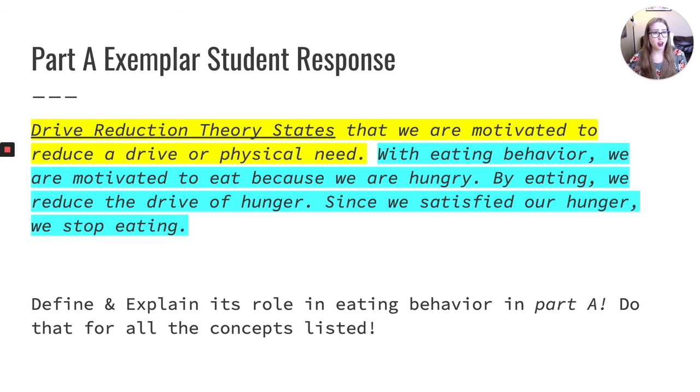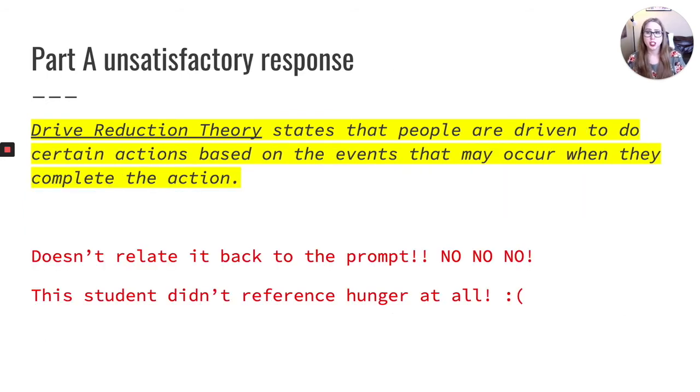So again, not the hardest thing that it's asking you to do, but let's look at a bad example of part A. This is an example that did not get the point. They said drive reduction theory states that people are driven to do certain actions based on the events that may occur when they complete the action. What's wrong here? Why didn't they get their point?